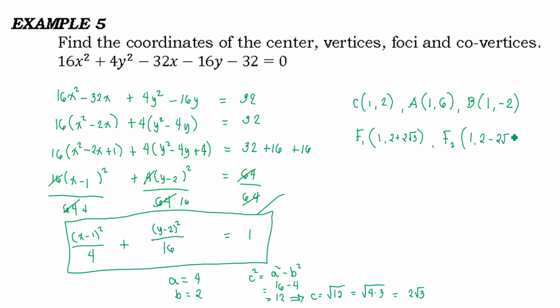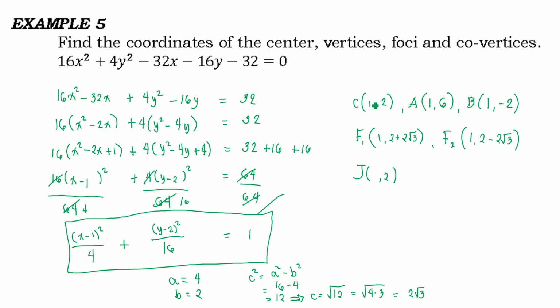Then, for our co-vertices, let's say j, we are just going to, why is there an equal sign? There should be no equal sign there. So, we are just going to copy the y coordinate, 2. Then, we are going to add b to the x coordinate of the center.